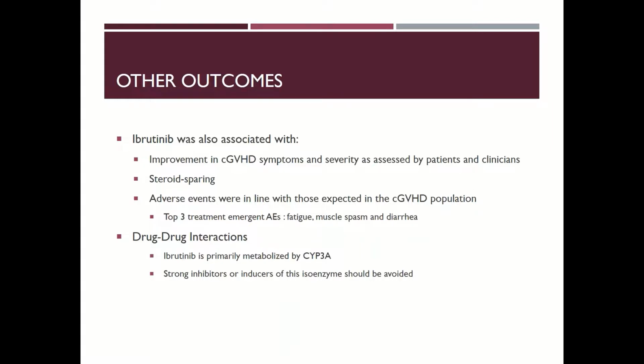It was shown to be steroid sparing, and adverse events were in line with those expected in patients with chronic graft versus host disease. The top 3 treatment emergent AEs were fatigue, muscle spasm, and diarrhea. It's important to remember when using Ibrutinib that drug-drug interactions can occur because Ibrutinib is primarily metabolized by the CYP3A enzyme system.